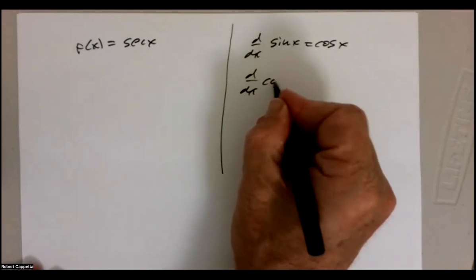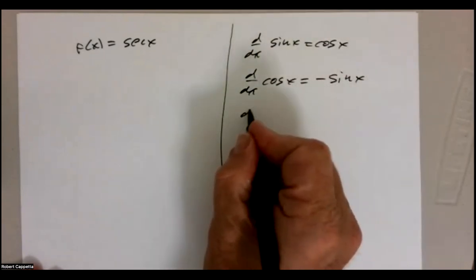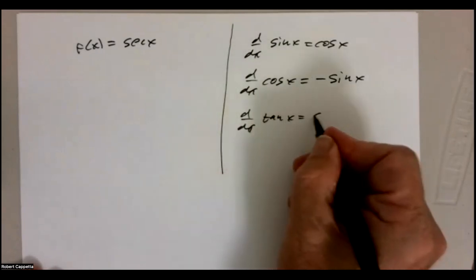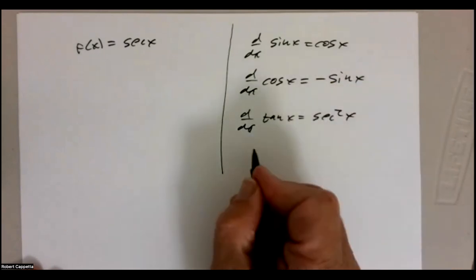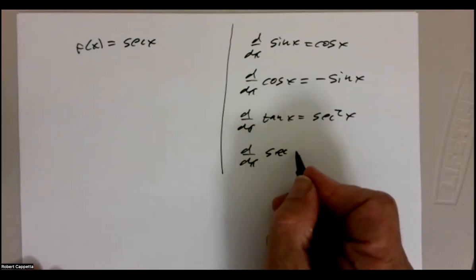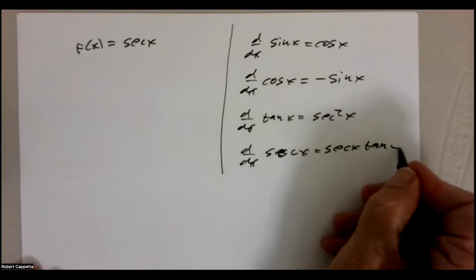Derivative with respect to x of cosine x is minus sine x. Memorize this. Derivative with respect to x of tangent x is secant squared x. Derivative with respect to x of secant x is secant tangent, which we need to use here. Secant x is sec x tan x. Sorry, my handwriting there is not great.